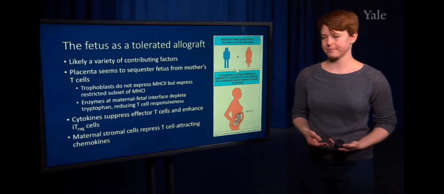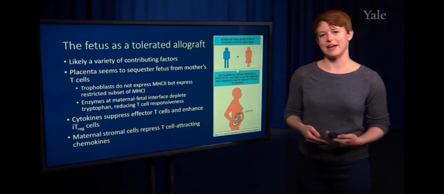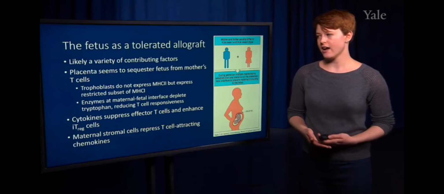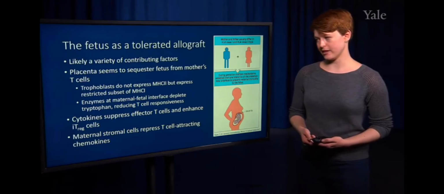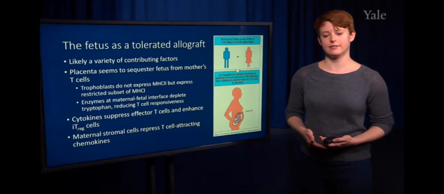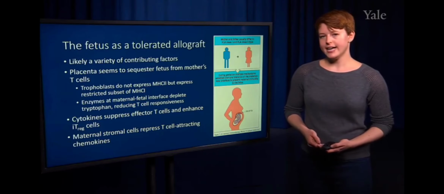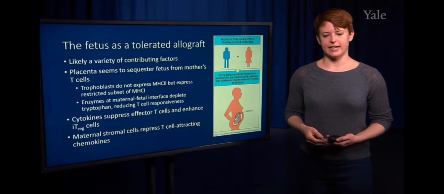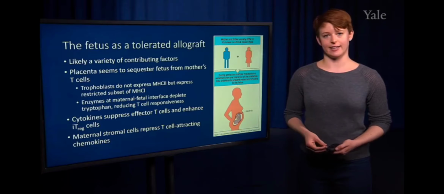However, trophoblasts, which are the main cell type at the maternal-fetal interface, are unique in that they do not express MHC2 molecules, and they do express a very restricted subset of MHC1. And these are very special because this prevents T cell activation and killing by the mother's T cells.